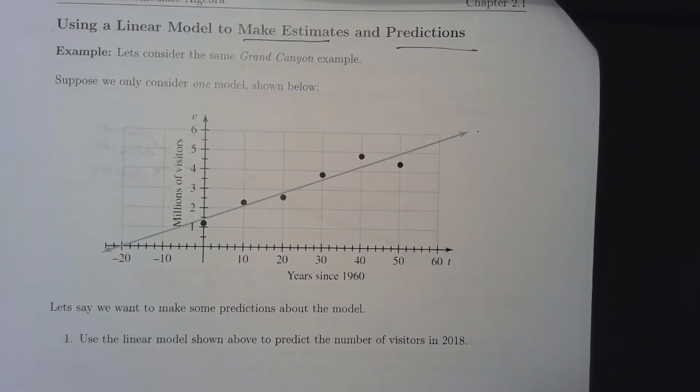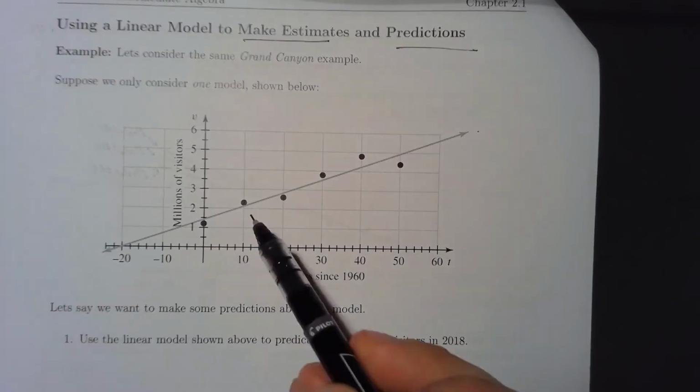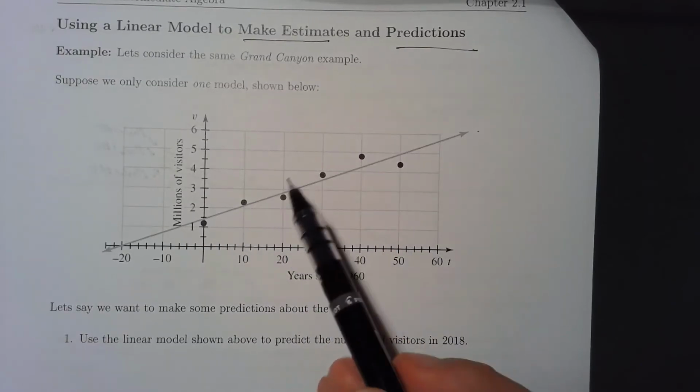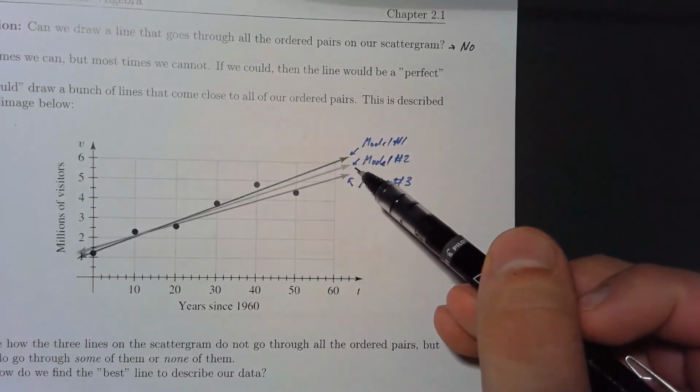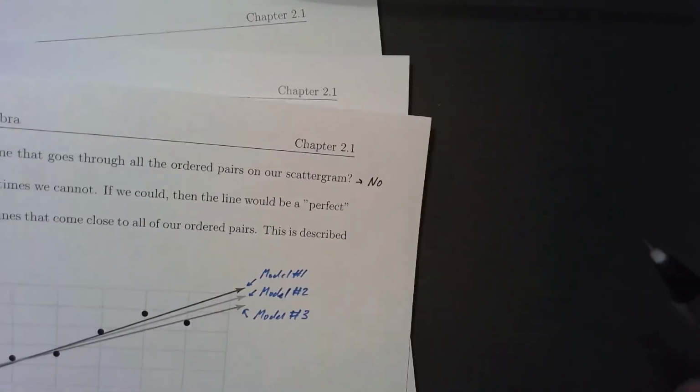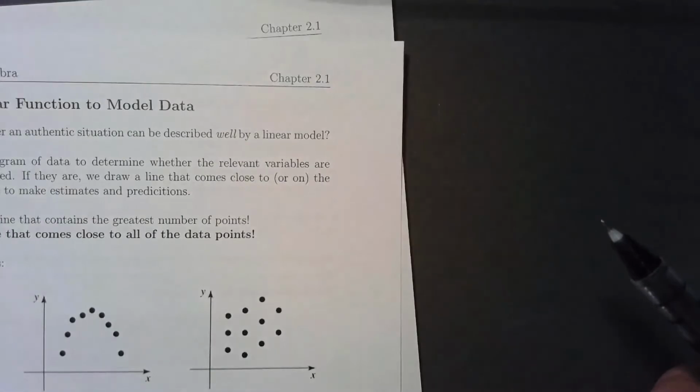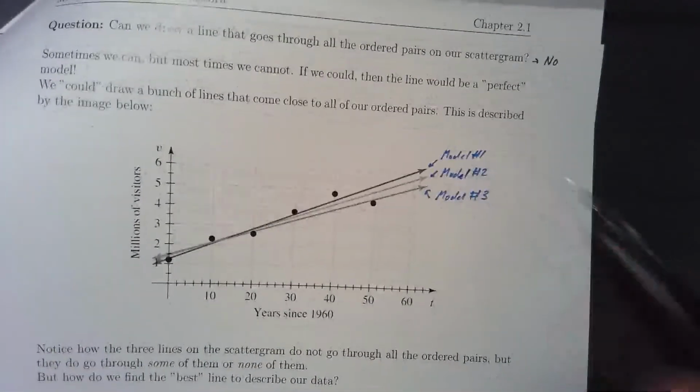All right, so here's our scatter plot of our visitor data, and based upon this graph, it looks like my hunch was correct. We chose model number 2.